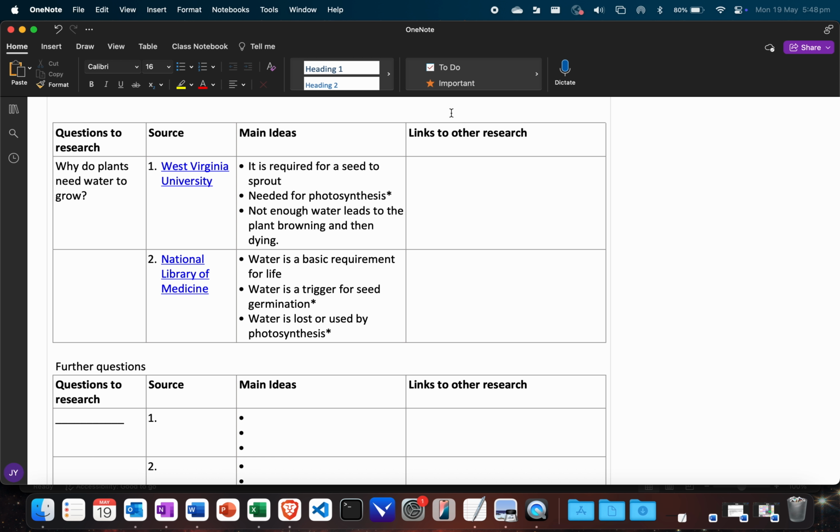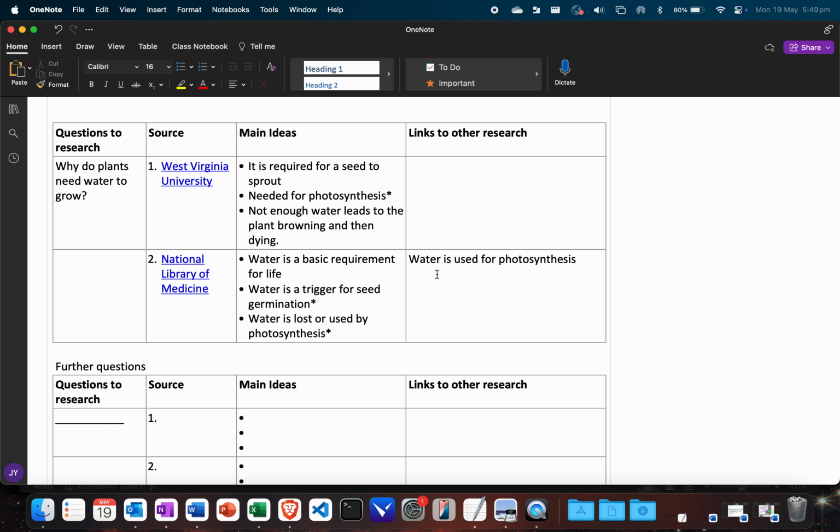So now I'm going to have a look at my links to other research. I just researched 2 articles. Did they say the same thing, or did they say anything differently? Okay, well, they kind of said the same thing, right? Something about photosynthesis. So water is used for photosynthesis.